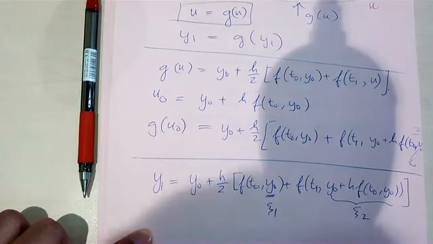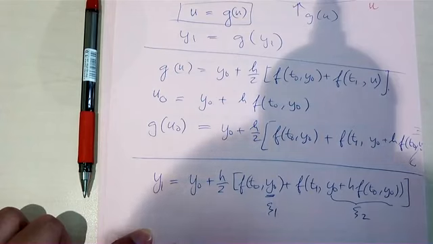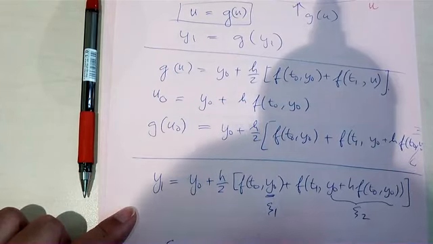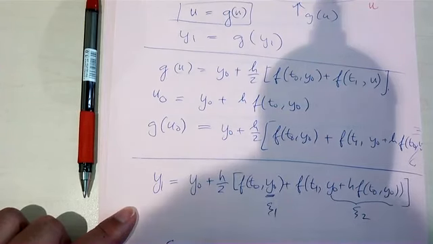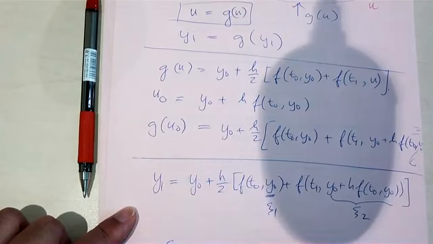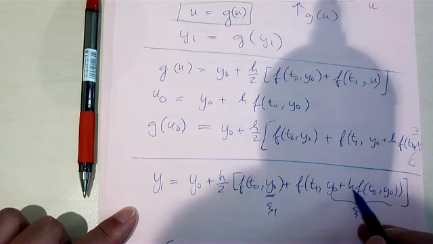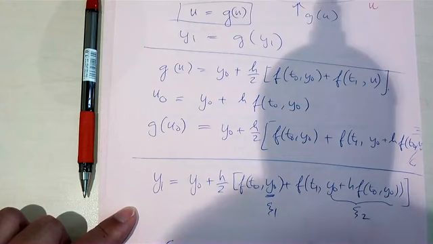Then what I have is Xi1 will be y0. Then Xi2 will be y0 plus h. Here it could be any coefficient, so suppose we just put in some coefficient. Here it's just going to be 1, but it could be anything.